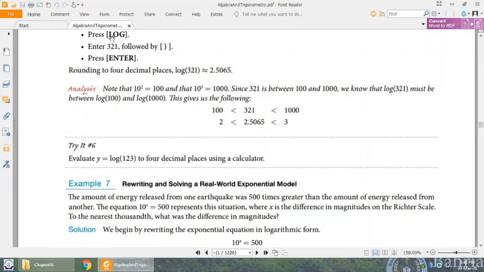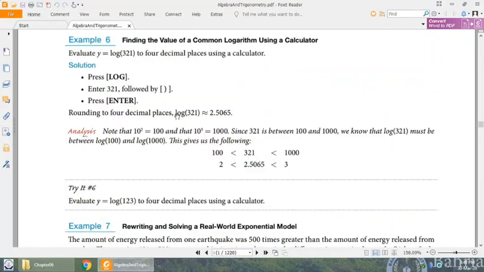What we're trying to analyze here, like we've done before, is that in case you don't know what this value is, you know that 10 squared is 100 and 10 cubed is 1000. So it has to be between 2 and 3. When we press log, you can simply estimate that, because this was to the base 10. You can't always arbitrarily select a number to use as the base.